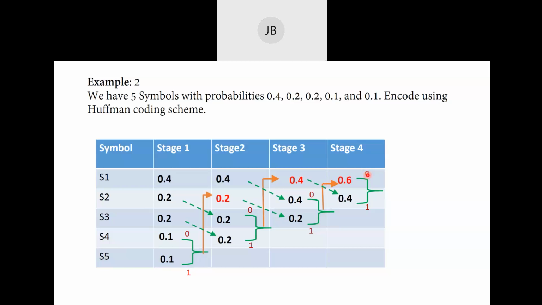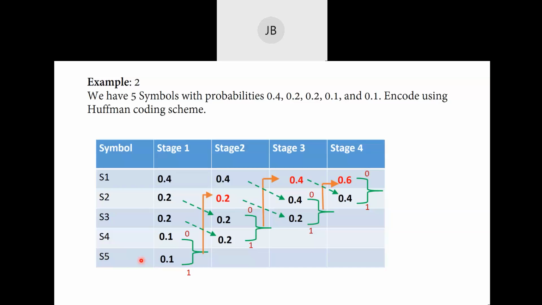Right, this is how we generate S5. So we need to track this path in the reverse direction. So something like this. This is the 0 here, and then I have a 1 here, and then I have a 1 here. So that gives me S5. So 0 1 1 is for S5.